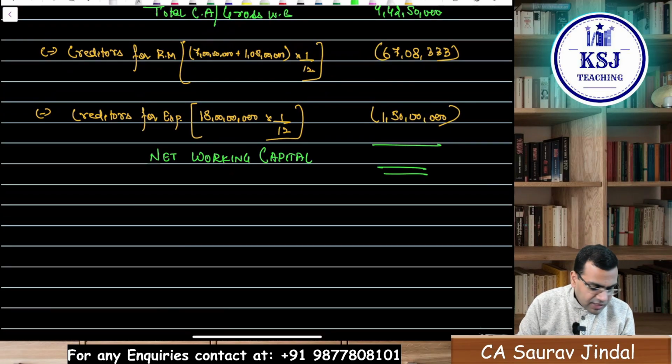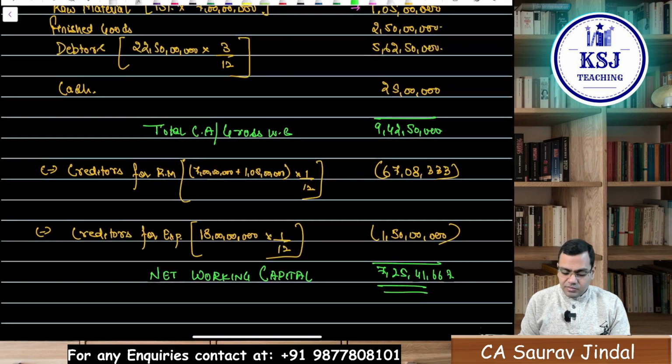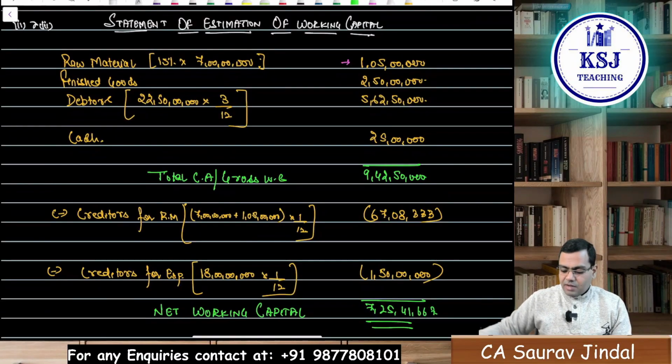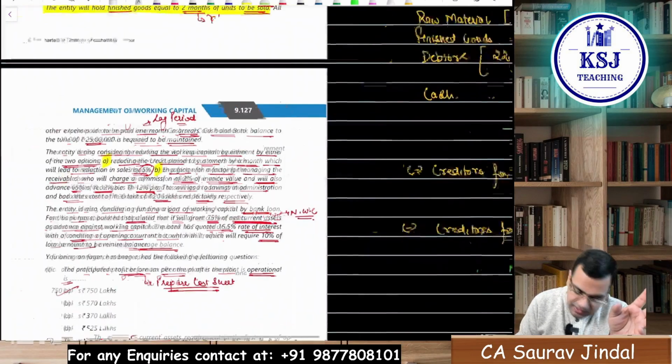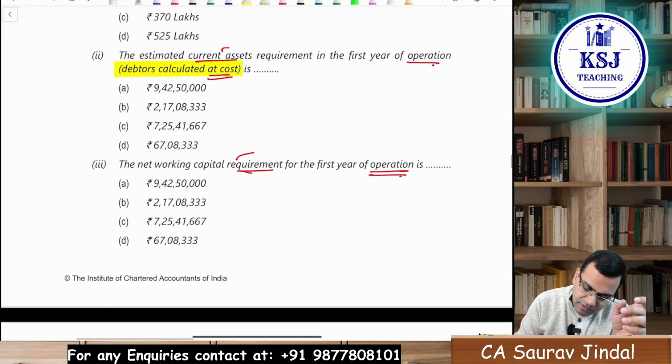Right, the net working capital will be 7 crore 25 lakh 41,667. So this comes to be your net working capital, the statement of estimation of working capital. Is that clear, everyone? The basic calculations are basic, you just need to do them very carefully.